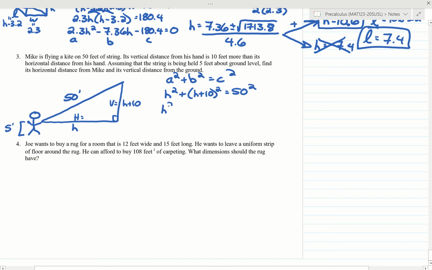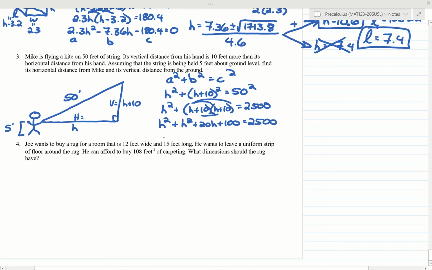So we get h squared plus h plus 10 squared. We're going to have to distribute this. Remember, you can't distribute the exponent. That's really bad. You can only do that over multiplication or division. This is equal to 2500. So this would be h squared plus h squared plus 10h plus 10h plus 100 is equal to 2500.